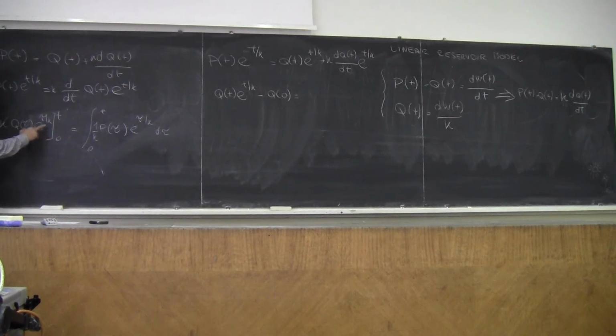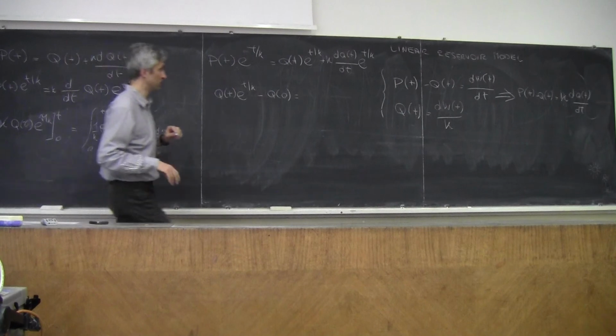Why? Because when I substitute at the exponent of e the value of 0 for tau, I get e to the power of 0, which is 1. So I just get q_0, and that's it, minus q_0. If something is not clear, please let me know.